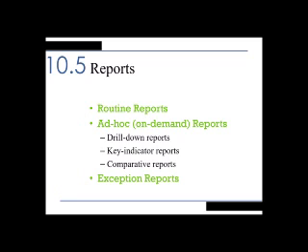But to me, the most useful reports are the exception reports. And this is where it says, if our quality is one failure per 100,000, I don't care. Don't bother giving me a quality report every day that says our quality was 0.05 per 100,000.